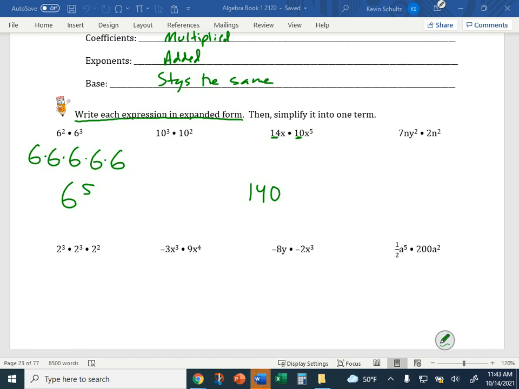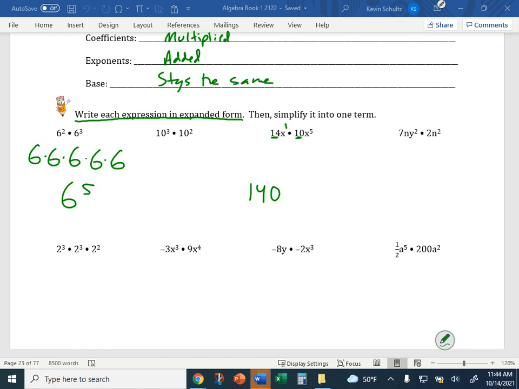Cool. And now as far as our exponents are concerned, I've got an x to the fifth in my term on the right. What's my exponent on that 14x there? What's the power for that variable x? Sasha? It's a 1. So how many x's do I have in all? Carly? 6.